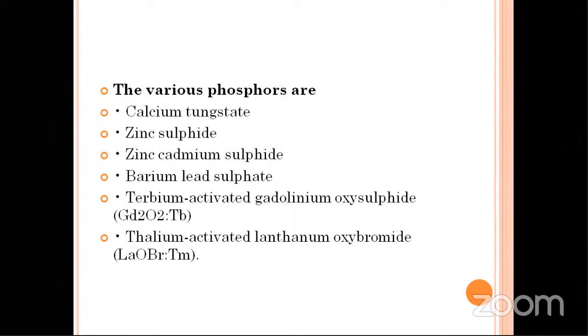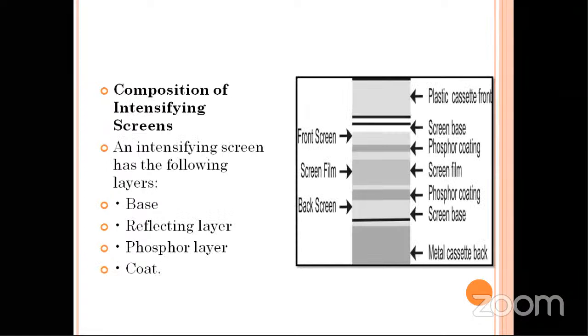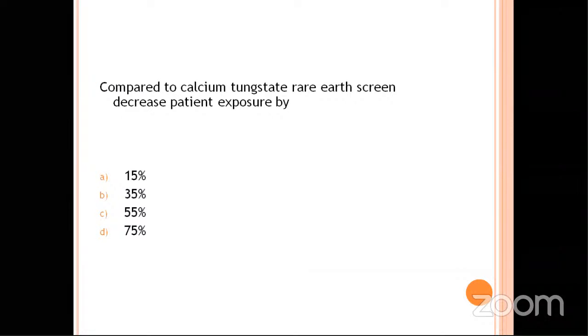So the phosphors used in the intensifying screen are as follows. These are all the materials used as phosphors in the intensifying screens. Compared to calcium tungstate, the rare earth screen decreases the patient exposure by 15%, 35%, 55%, or 75%?